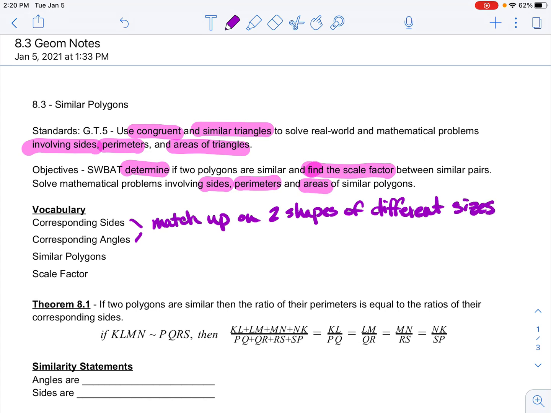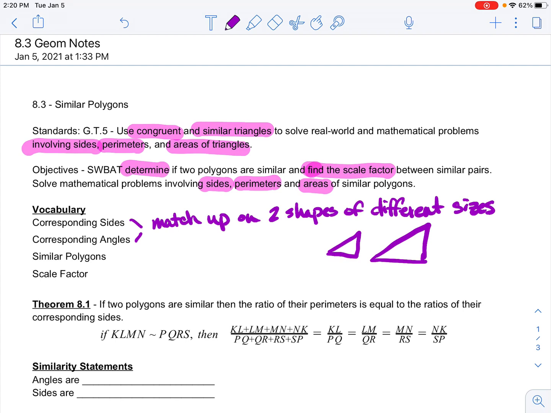Now, this is easy when we are talking about drawings that are oriented the same way. If you have two triangles that are oriented the same way, in the same position, it's easy to make sure that the sides match up or that the angles match up. The problem comes when they don't match up, and you have to figure out what the corresponding sides or angles are when they're either turned around or you're not given a picture. So there's a really easy way of doing that.